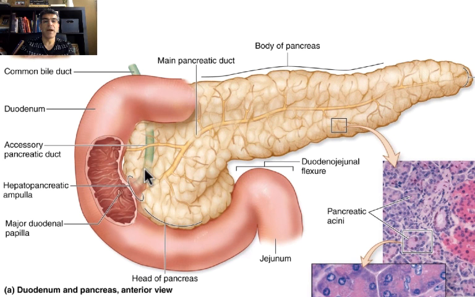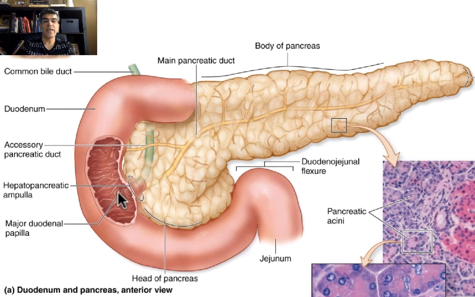Do you see that? They join each other and drain inside the small intestine. This area where the bile duct and pancreatic duct join each other is called the hepatopancreatic ampulla.